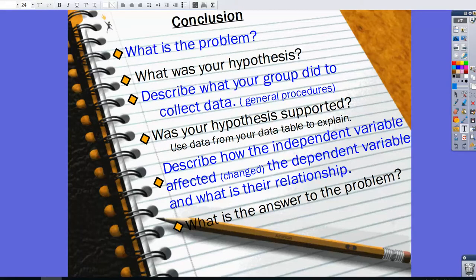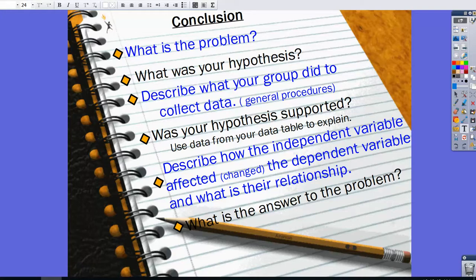So when you're writing a conclusion, you want to make sure you specify what was the problem, what was your hypothesis, what did you do to collect data, what does your data show, was your hypothesis supported or not, what was the independent and dependent variable and the relationship between the two. And there's really three relationships we're going to find this year.